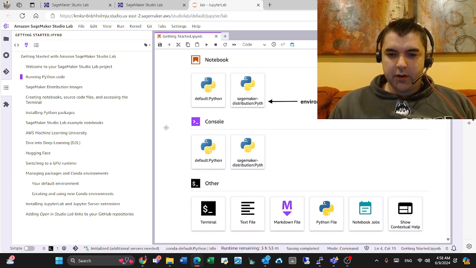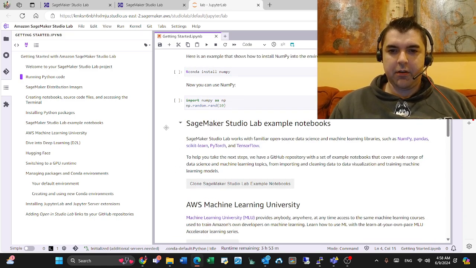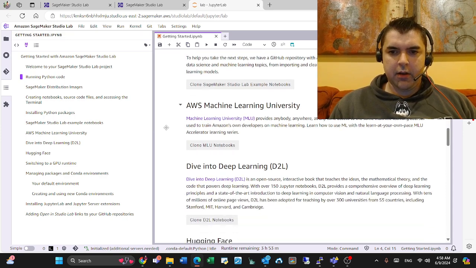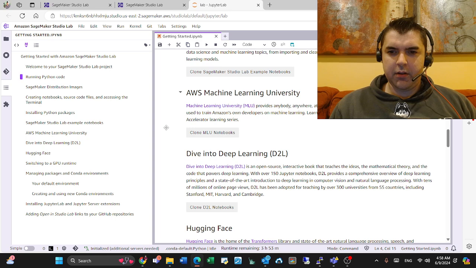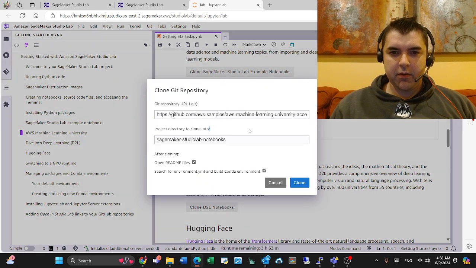Okay, so they do have a console. We all know how to install packages. AWS Machine Learning University. You can clone their notebooks.